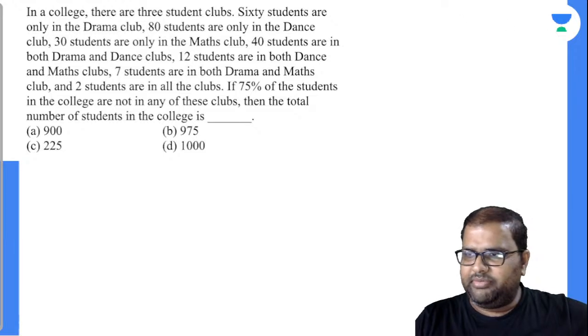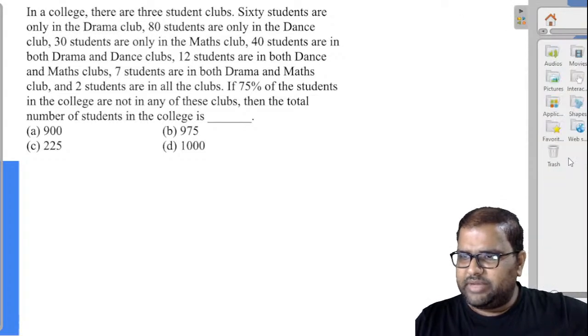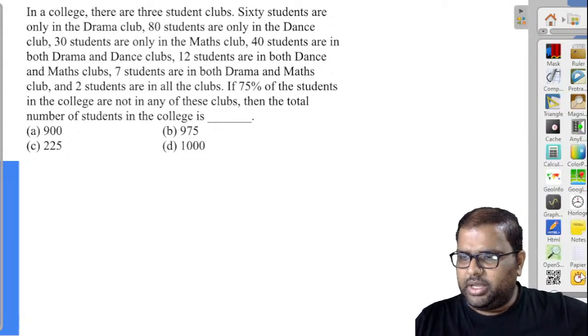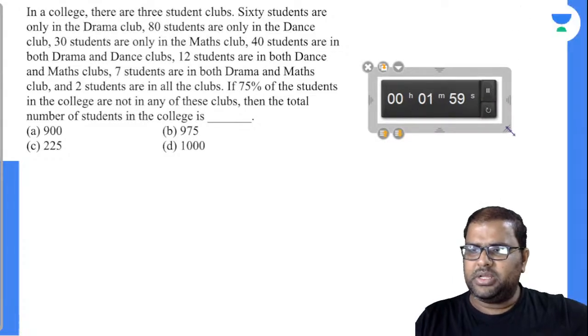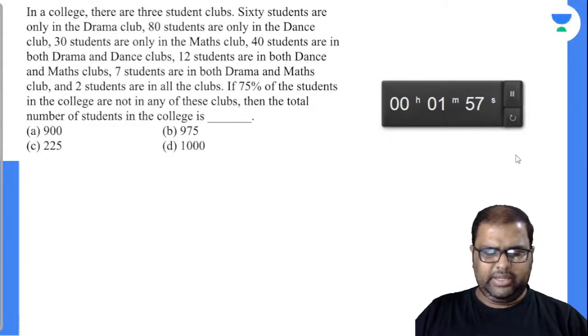This is also a previous year question, the 2017 GATE question. I am expecting you to solve this question. Again, it is 3 variable data, an easy question. If you can write down the data, you can solve the question.